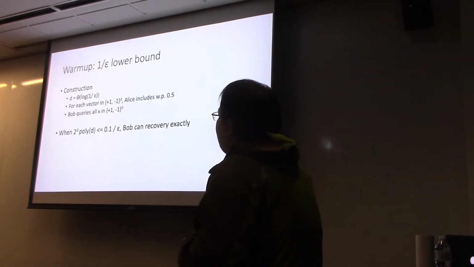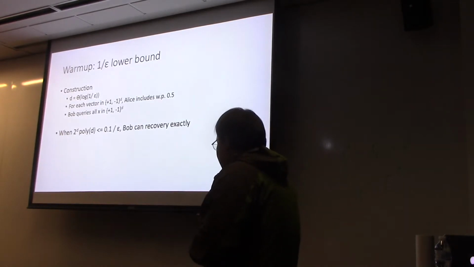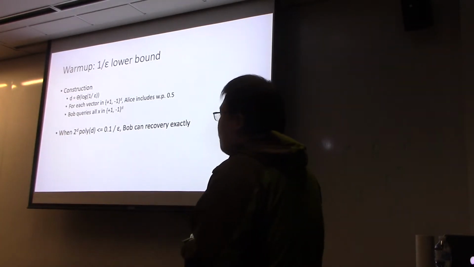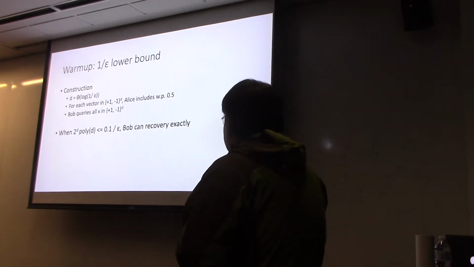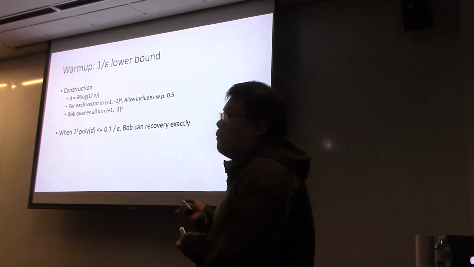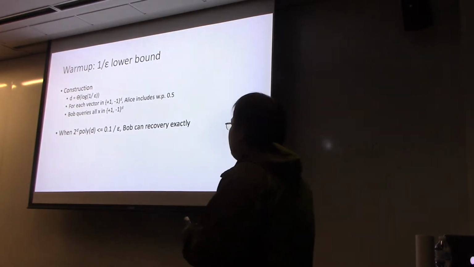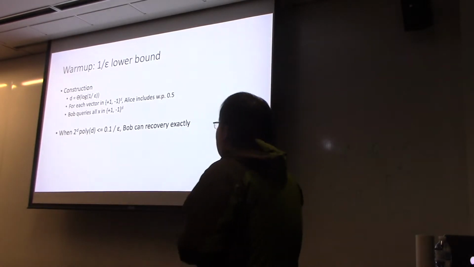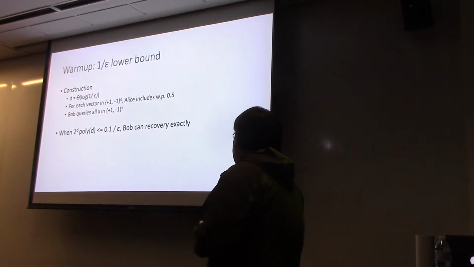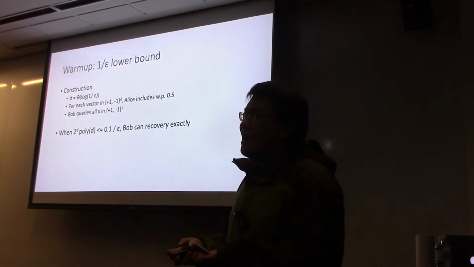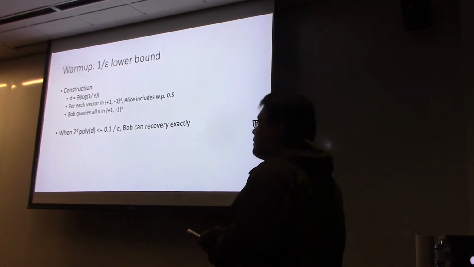And what I want to mention here is that if this 2 to the d times poly d is smaller than some small constant over epsilon, then in this case, Bob can exactly recover the L1 norm. Here I focus on the case of L1, but we will see how to generalize this to LP. So if this holds, Bob can actually know the exact L1 norm of all vectors in the subspace.